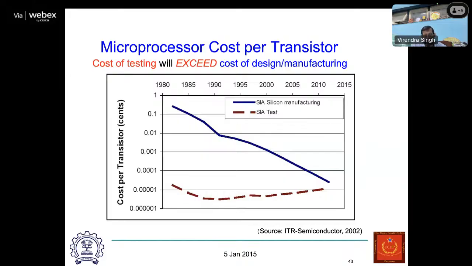Even if it is similar, the test is a significant part. For example, if you buy a device for 400 rupees, that means 200 rupees have gone into design plus manufacturing, and 200 rupees have gone into the test of the device. So the test is that expensive today.